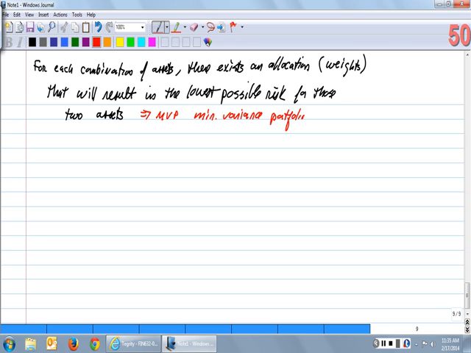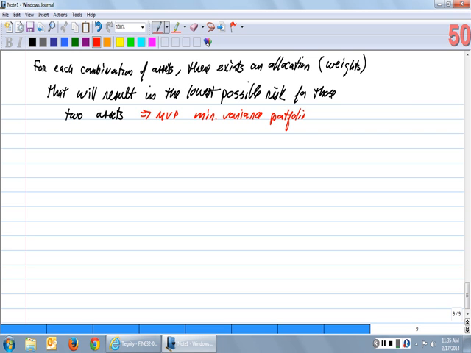Okay, so for each combination of assets there exists an allocation. So asset D and asset E, right? Let's say the correlation is back to being 0.3, that those assets have a positive 0.3 correlation. There's an allocation somewhere between 100% in one and 0 in the other, or 0 and 100.